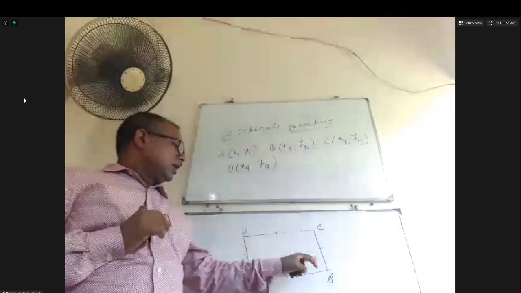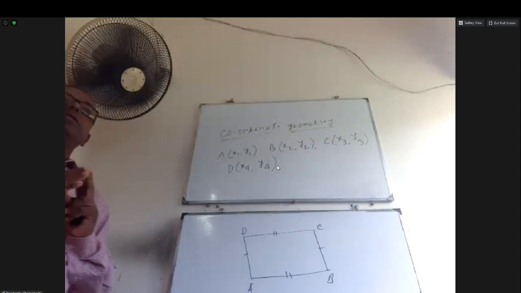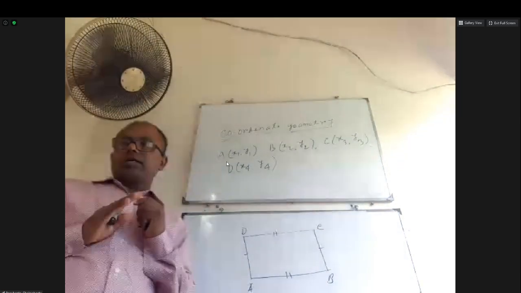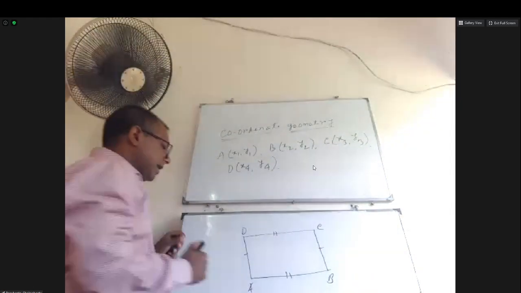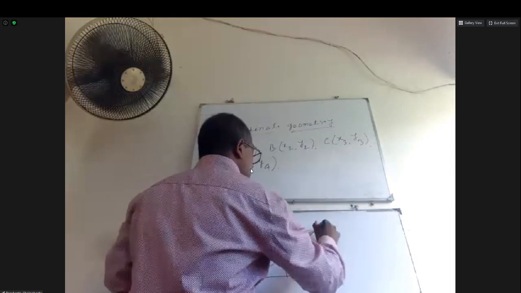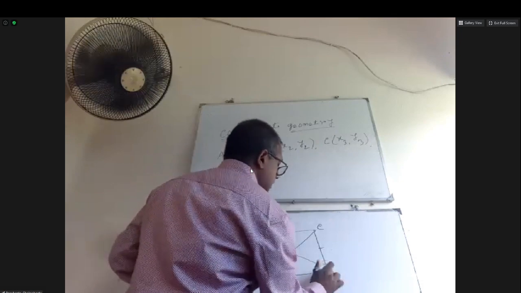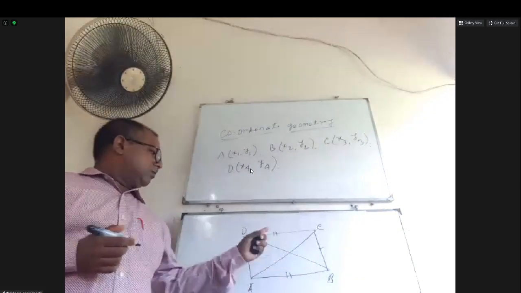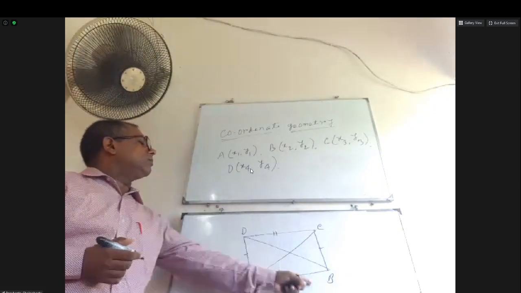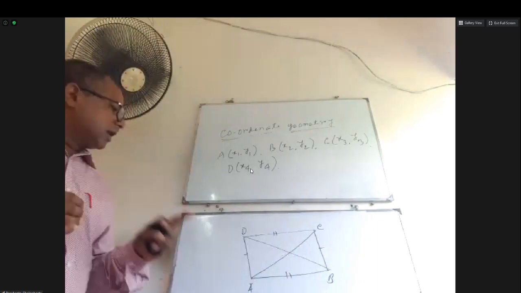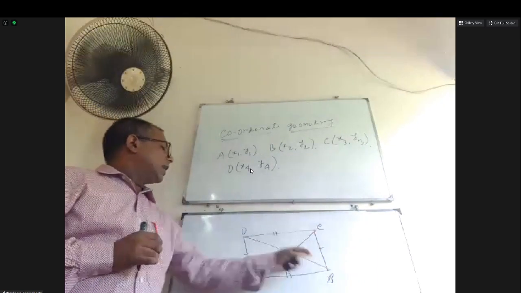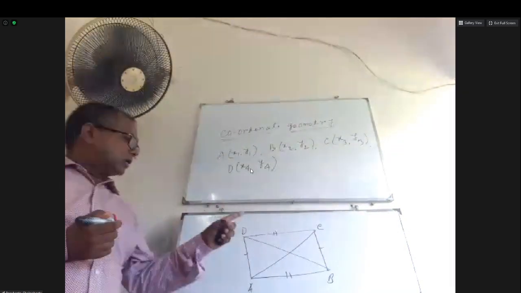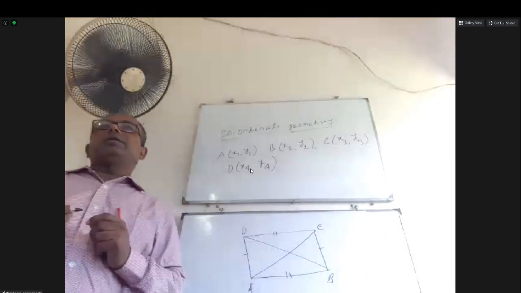If any two opposite sides in a quadrilateral are equal and their diagonals are also equal, that is, AB equal to CD and AD equal to BC, and their diagonals AC and BD are also equal, then we can say this quadrilateral is a rectangle.